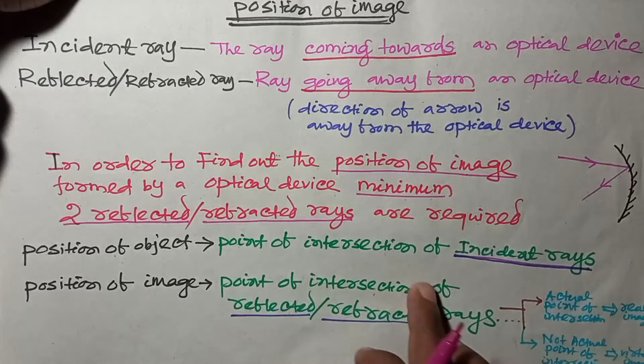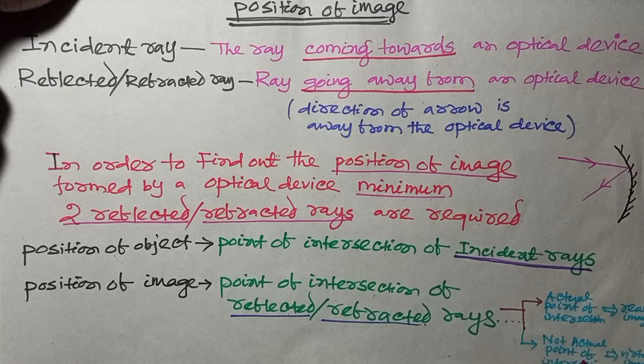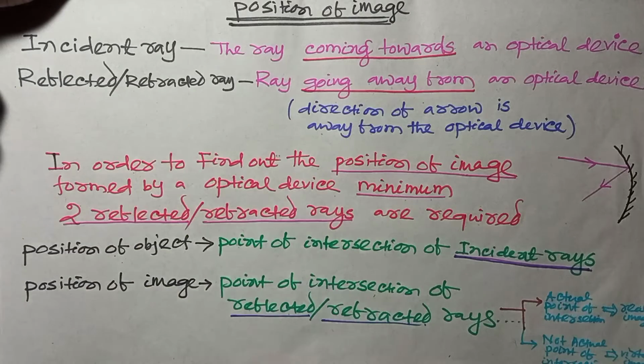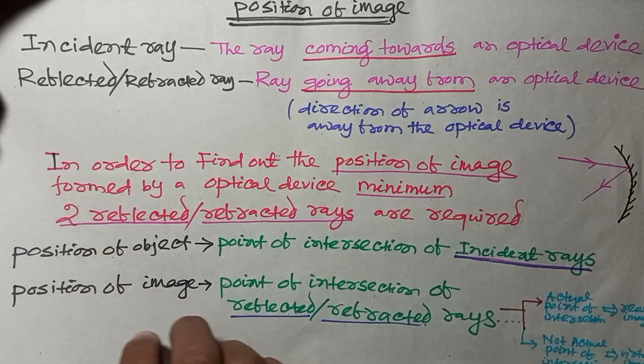If the reflected rays or refracted rays actually intersect, then the image will be your real image. If they don't actually intersect, then the image will be your virtual image. These are certain things you have to keep in your mind while finding out the position of an image formed by an optical device.